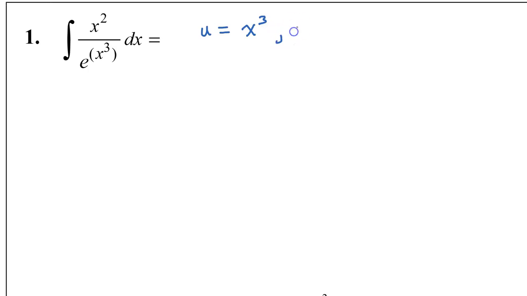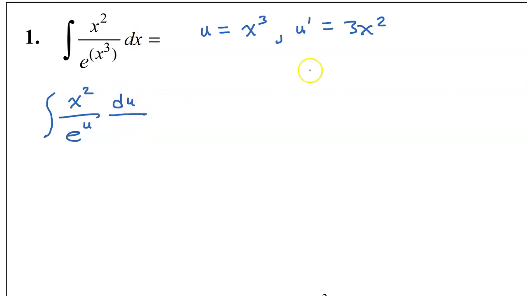In that case, u prime will equal 3x squared. Let's do that substitution, and we get x squared over e to the u power. Instead of dx, we will write du over u prime, which is 3x squared.